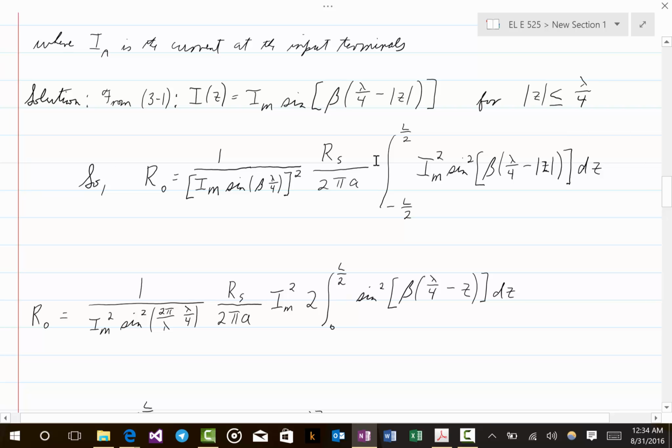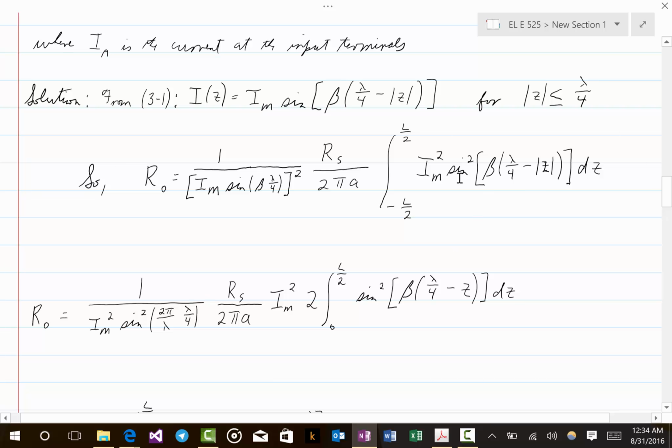factor of 2 out here. So the integral of this even function over these symmetric limits is equal to twice the value of that function from 0 to L over 2. And notice that we've done one other thing here.